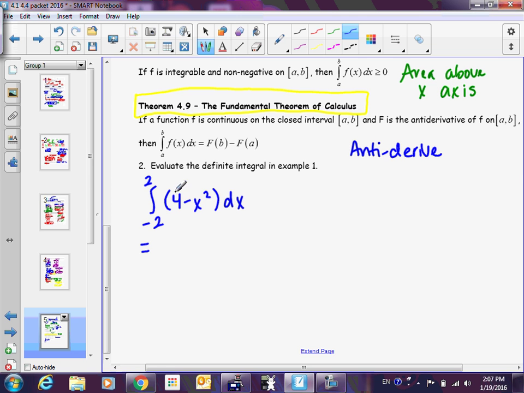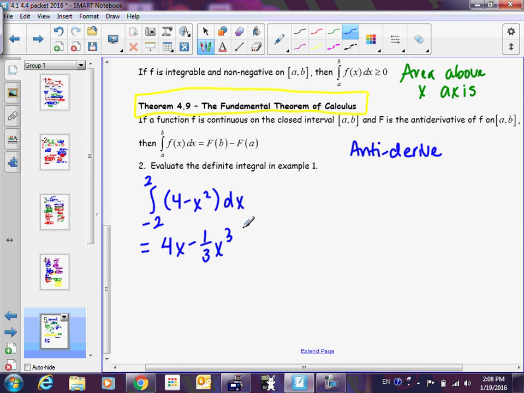So what is the antiderivative for 4x? Minus, what's the antiderivative of x squared? 1/3 x cubed. Okay, notice that I am no longer writing the integral symbol because I integrated.